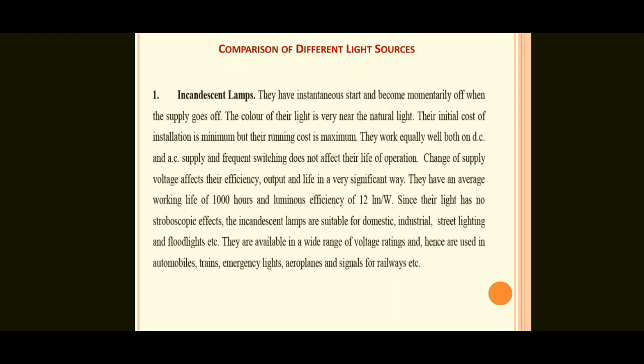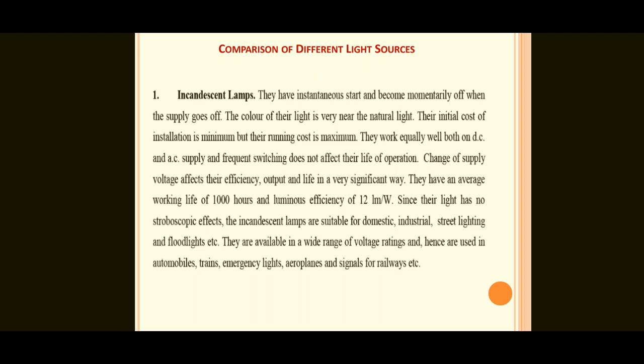Here the initial cost is very low, just a holder is required, and the bulb cost is also approximately 10 rupees to 30 rupees maximum. Also the initial cost is very low but the running cost is high.